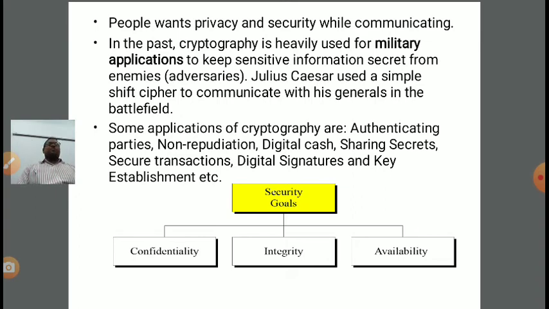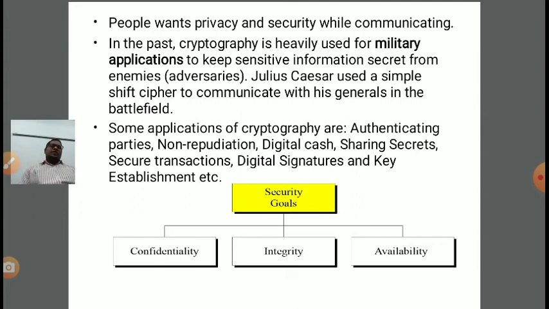Secure transactions, for example, a transaction for booking an IRCTC ticket. For digital signature, if I want to authenticate that a particular document is valid, then a digital signature plays a very important role. Then key establishment.